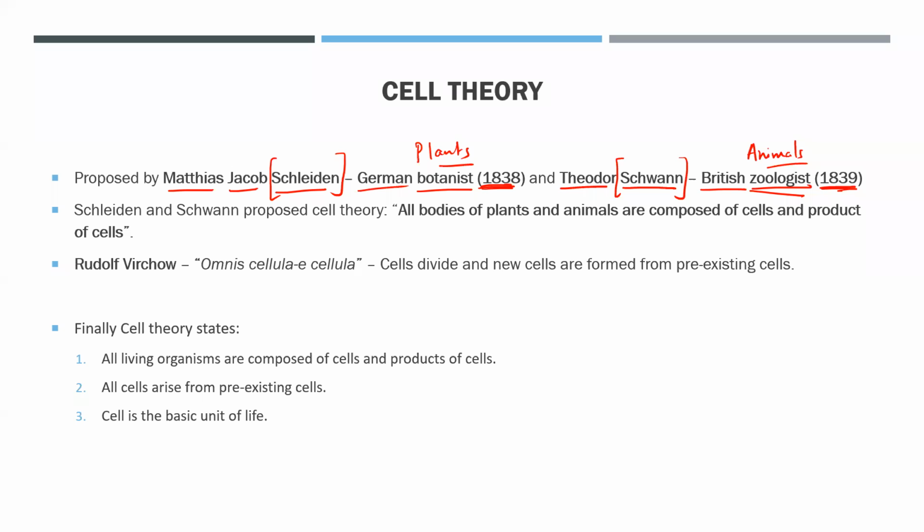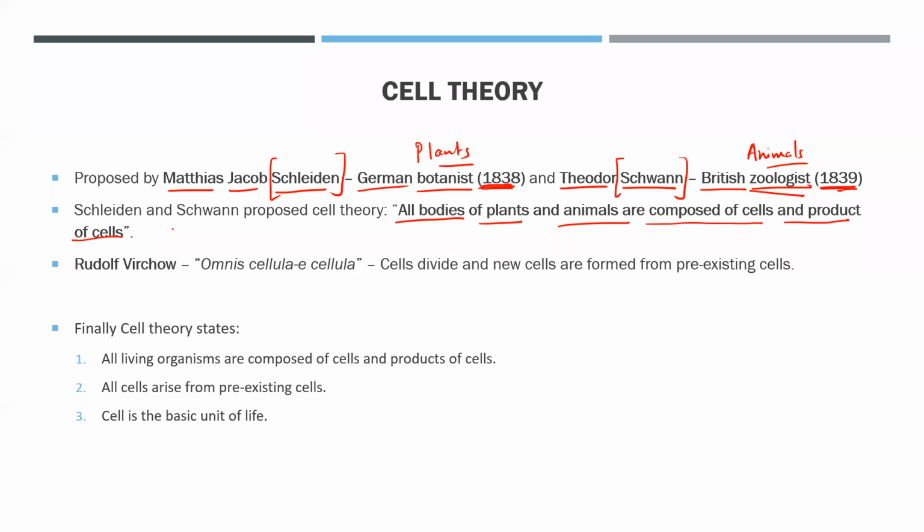Now, when they came to know about each other, because they had published their work, they finally came together and proposed a cell theory. मिल करके एक cell theory दी. Okay, and that cell theory was that all the bodies of plants and animals are composed of cells or products of cells.